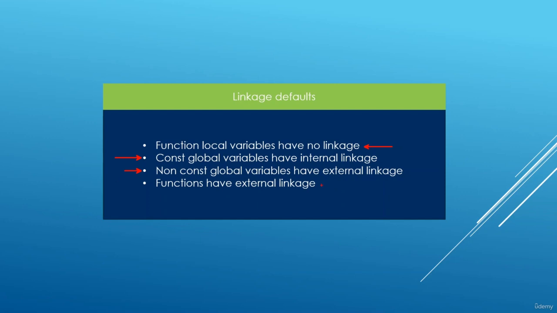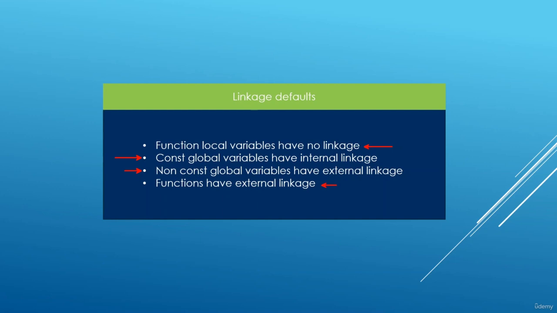Functions have external linkage, and they can be used from the translation units different from the one they were declared in. Now that you have an idea about what linkage is, again, it is a property associated with names, for example, variable names, function names, and this property is going to control how visible the name is across different translation units in your C++ program.